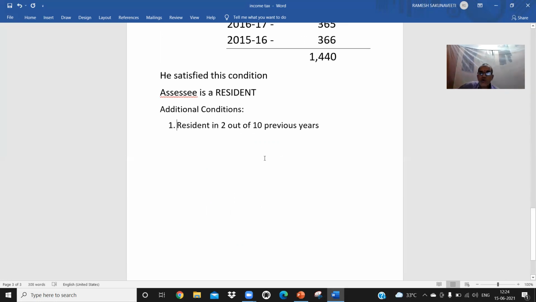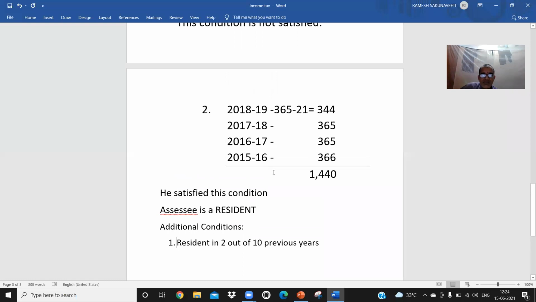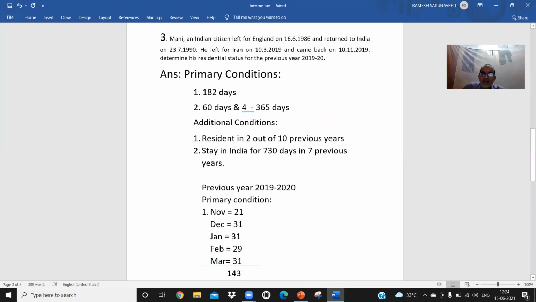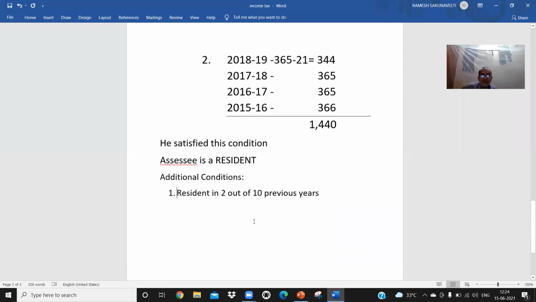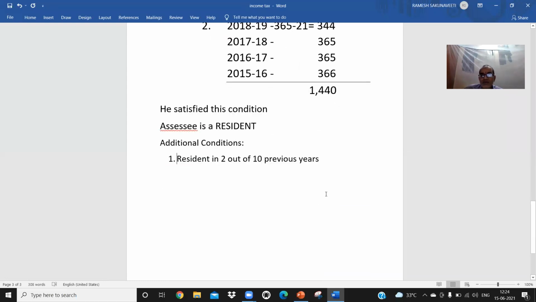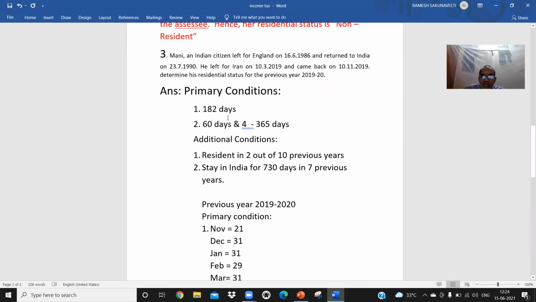See, resident in 2 out of 10 previous years means, resident means out of these two conditions, at least one he has to satisfy. In the previous 10 years, he has to be a resident in just 2 years. Means if he stayed in our country for 182 days in at least 2 of the last 10 years, he is a resident.